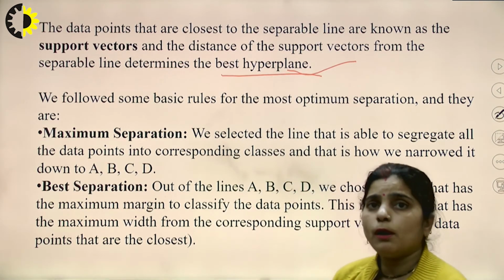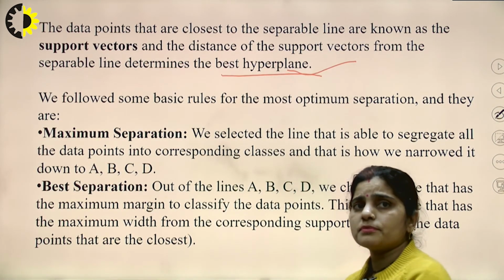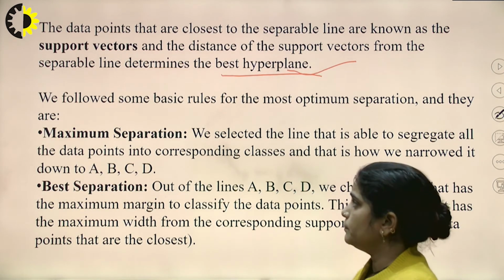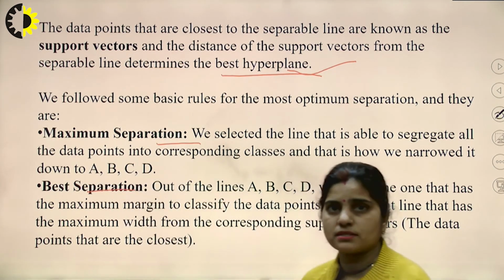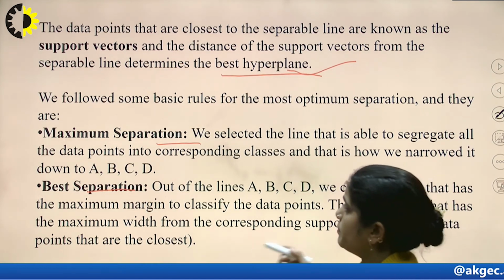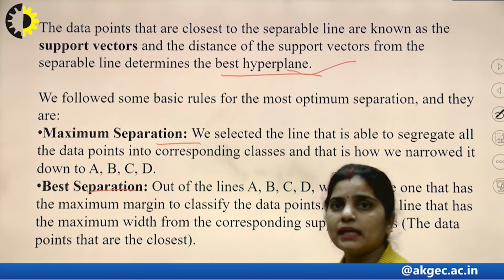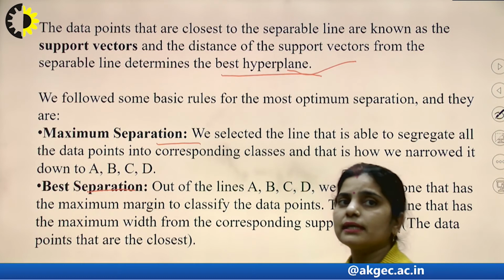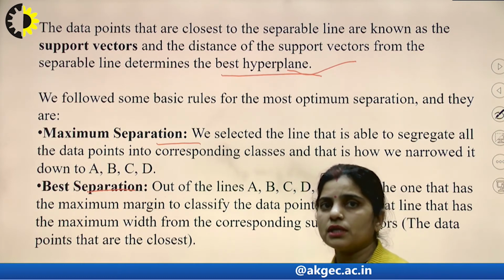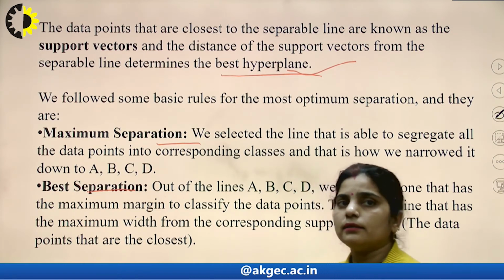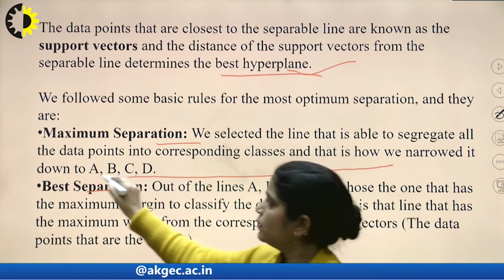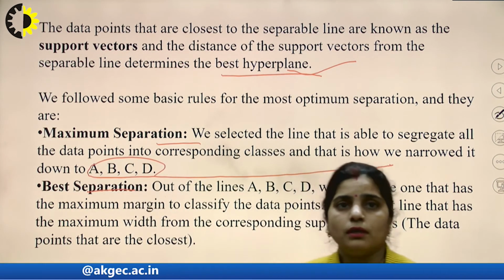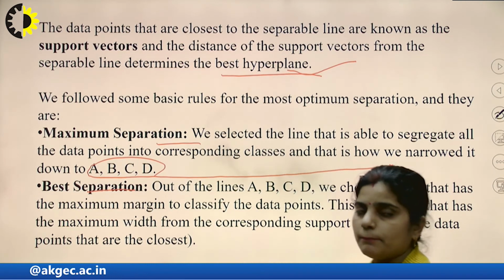Now, for the most optimum separation, we follow some basic rules. The first one is maximum separation and the second one is best separation. For maximum separation, we select the line which is able to segregate all the data points into the corresponding classes, and that's why we narrowed it down to A, B, C, D. We have drawn four hyperplanes.